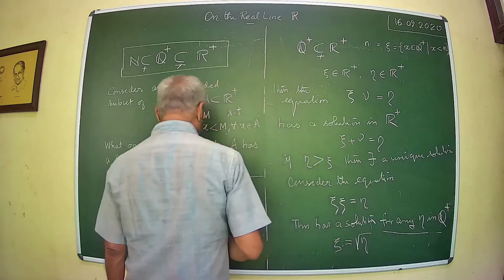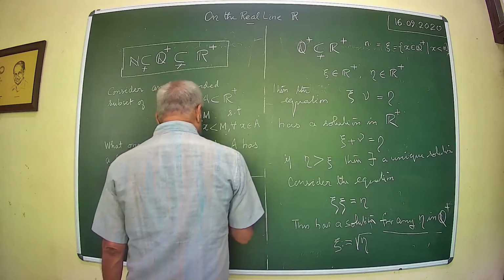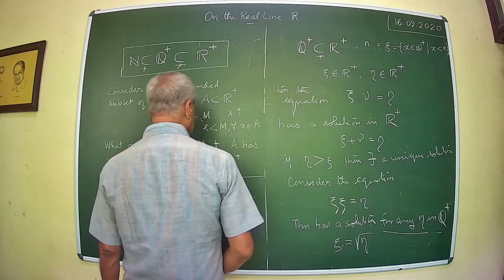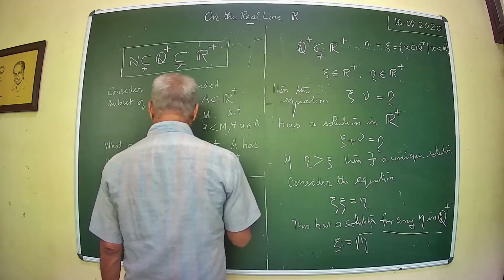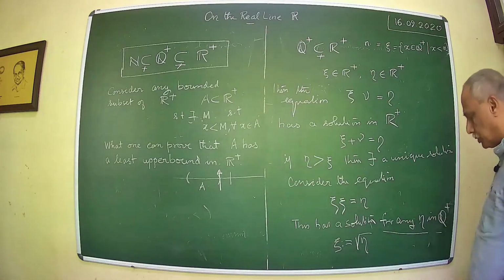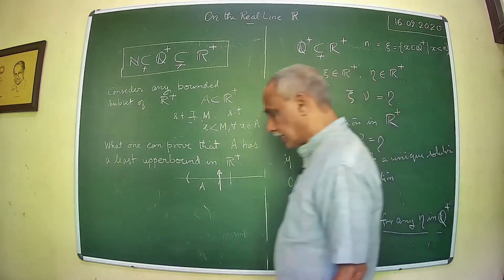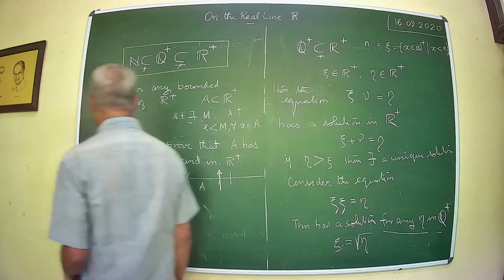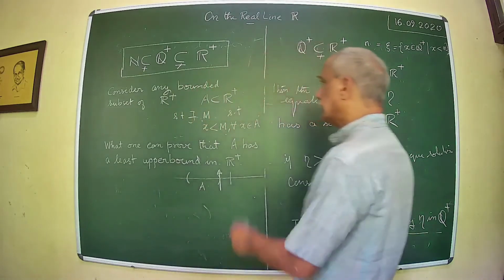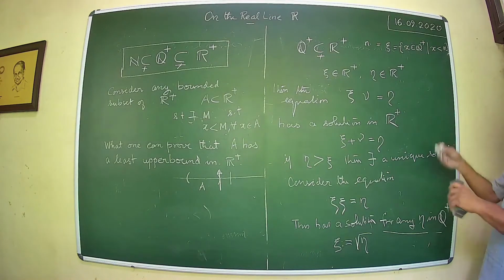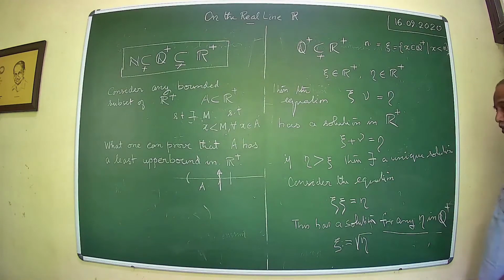And what you can show is that there exists an element of R plus, which is the least upper bound. So every subset of R bounded above has a least upper bound. Now this is the so-called least upper bound property. And you go for the extension of Q plus to R plus using the least upper bound property. You say that there exists such a set.